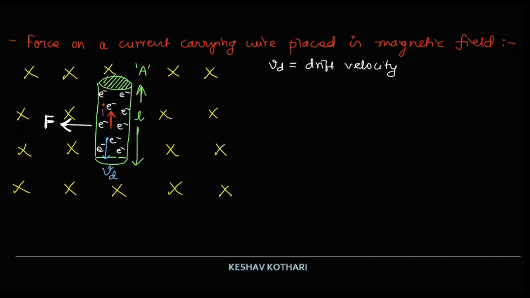So the force on each electron can be written as F is equal to Q V cross B, or E Vd cross B. We are only talking about the magnitude right now, so the magnitude of force is going to be E Vd B.